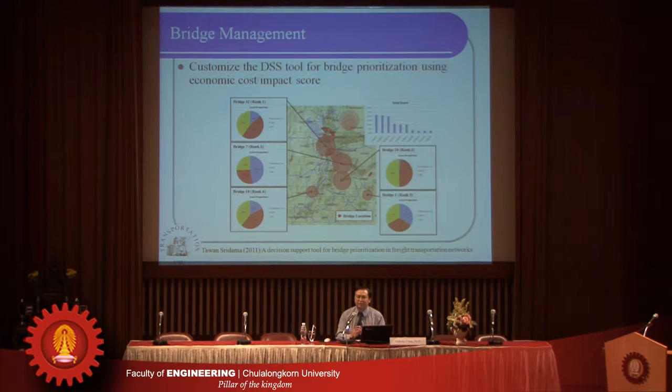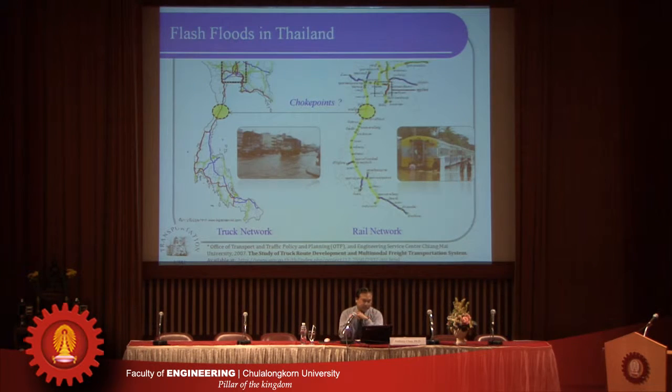You have different criteria and then you define the weights, making use of this software to give you some of those attributes, so that you can calculate the total score and prioritize. So you can see there's a different ranking for the different bridges according to whatever criteria you define. And finally, I thought about how we could adapt the software in the case of Thailand.